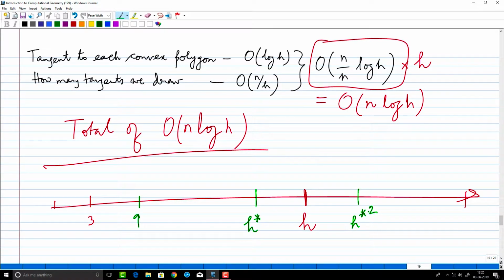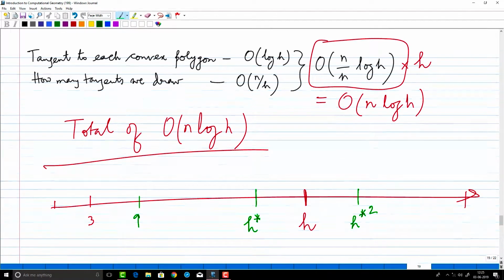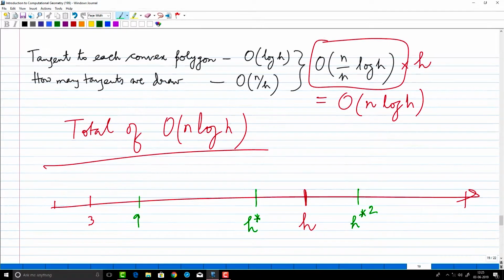Now, how much is this, right. So, see the rate at which I am growing is, I started with 3, my next thing was 3 square.